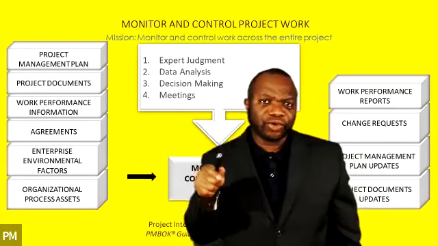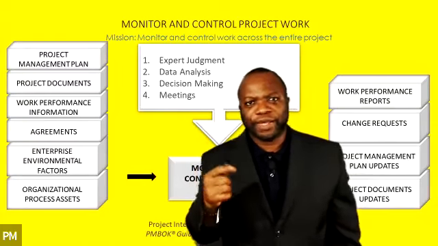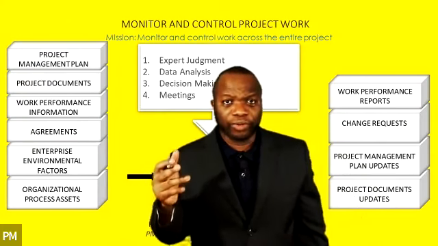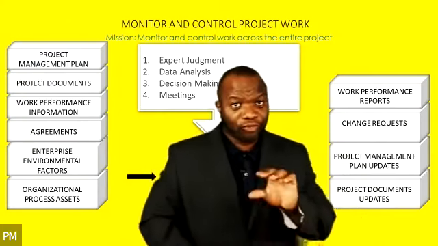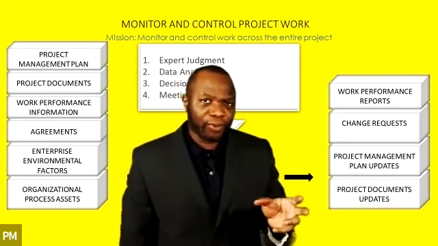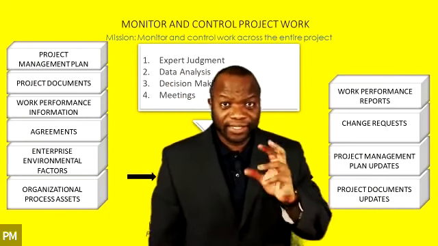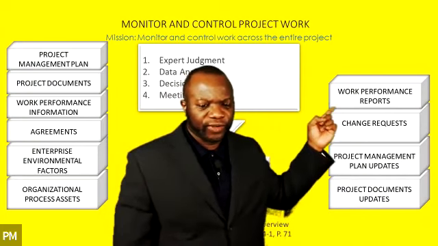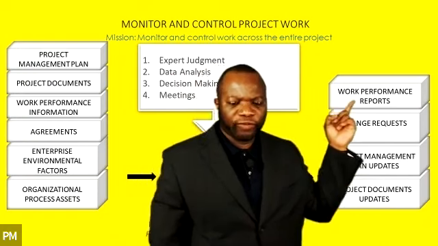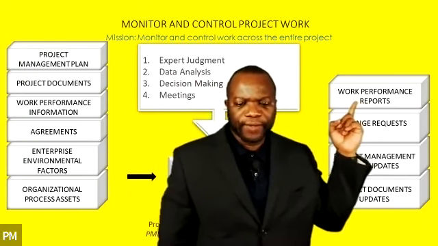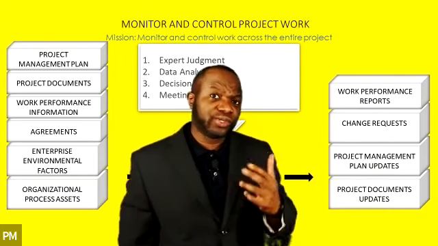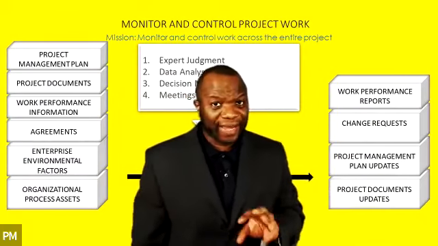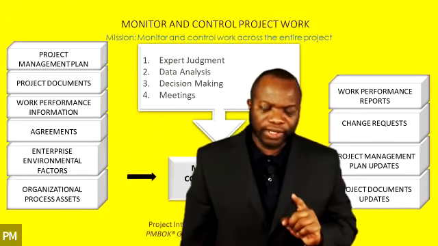But in this case, you're analyzing data that may have come in other forms so that you understand what to put into your output. Now, I'm going to show you the output right here because the output is tied to this data analysis. So when you think about the analysis you're doing, it's really for this right here, your work performance reports, okay? Your work performance reports need you to do some analysis of sorts to understand what to put into the report and to compile it in a sensible fashion. Hold on to that thought.